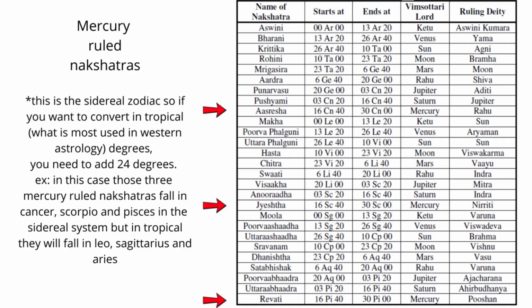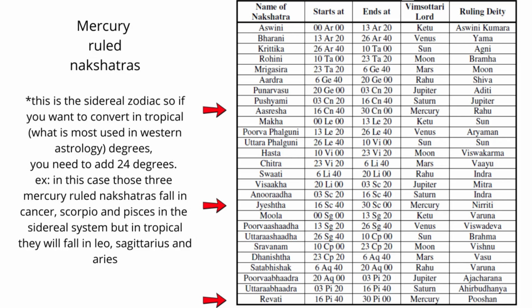I've seen that to be maybe one of the most accurate predictive tools in astrology to predict spouse placement. So for Mercury, this would be Ashlesha Nakshatra, Jyeshta, and Revati. These three nakshatras are ruled by Mercury, okay? And you can do that with all the 7 planets.